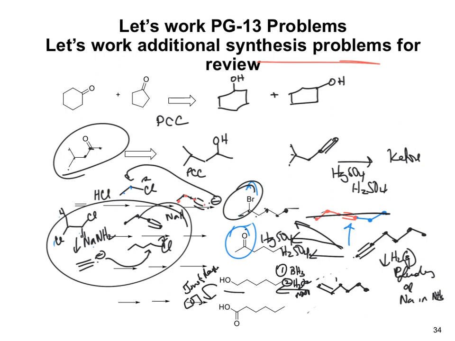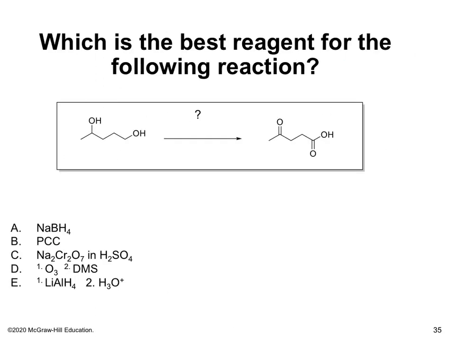This alkene to the HBr. So HBr would get you that alkyl halide. What is the best reagent for this? This is a reduction.